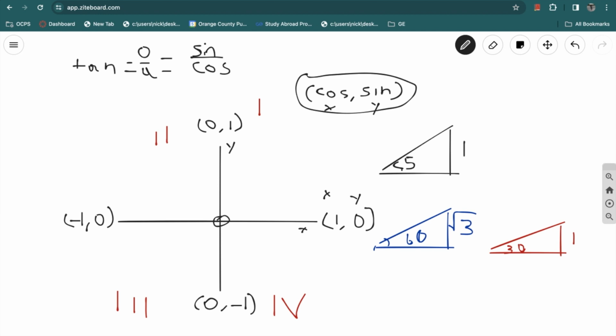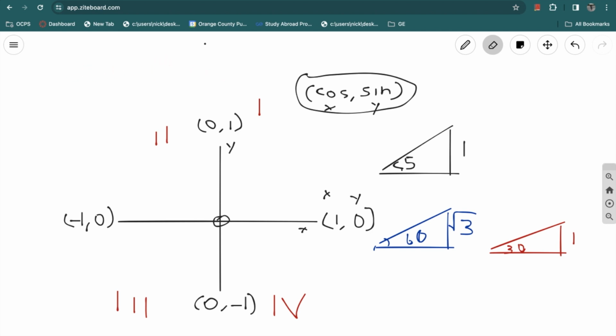If we were to put tangent at pi over 2, it's going to be 1 over 0, which is undefined, so that value does not exist, but we're gonna look at that later.